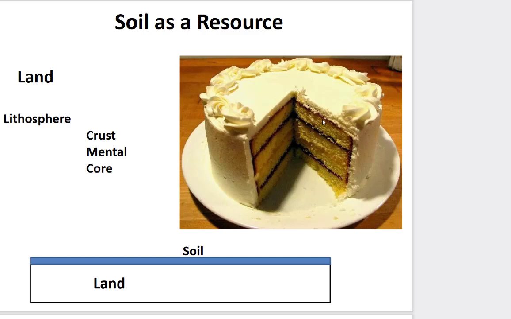If you remove the topmost layer of this cake, the bread part has no value. Similarly, this happens on land. If we remove the topmost layer of the land, meaning the soil, the land becomes barren and has no value. So this is the relation between land and soil.